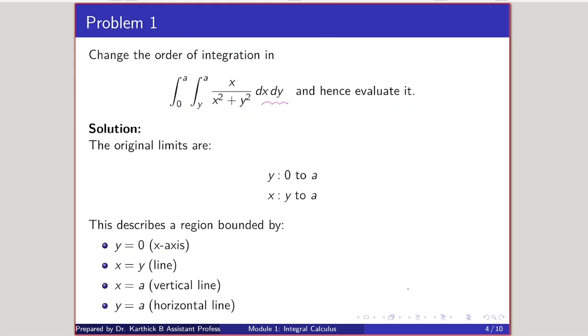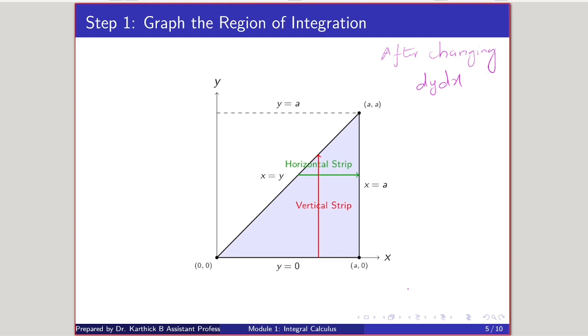So the given problem is a horizontal strip. After changing, it becomes a vertical one. So let's draw a strip.